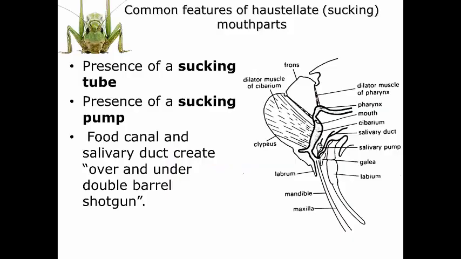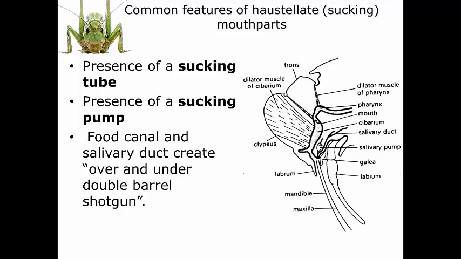All right. Now, let's go on to the haustellate mouthparts. Remember that these are primarily sucking mouthparts. This is the form that is going to have some very different anatomy due to the feeding on liquid food, right? So the major difference in these haustellate mouthparts is the presence of a sucking tube.